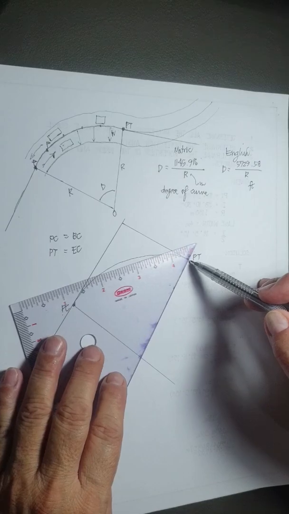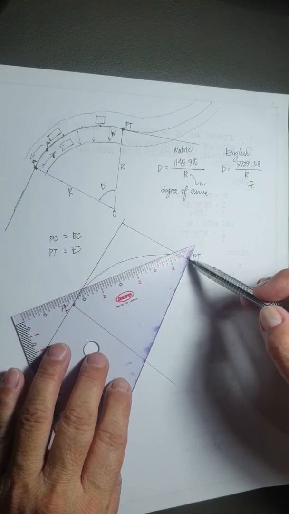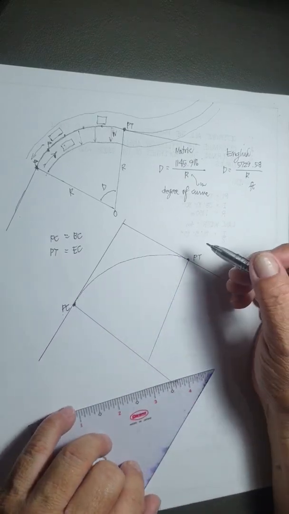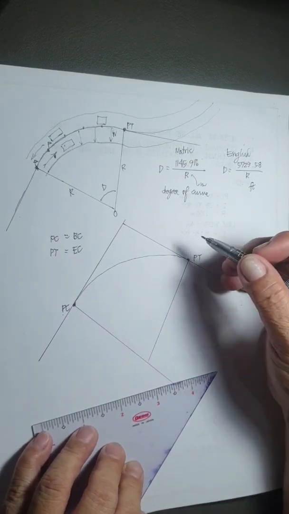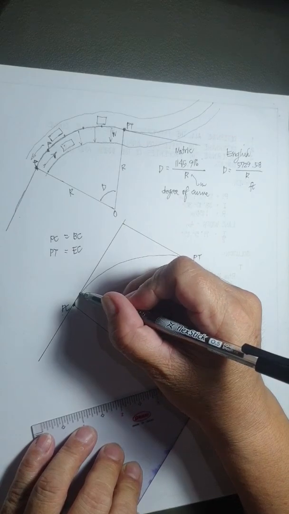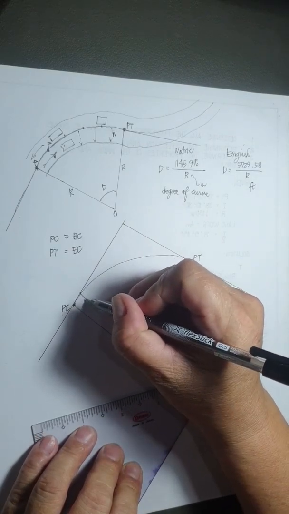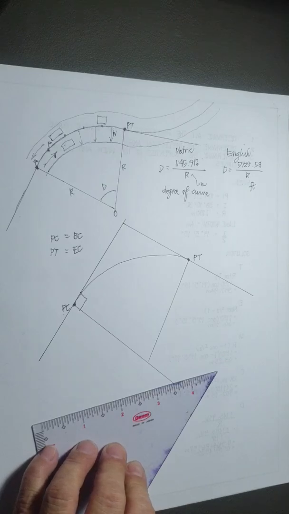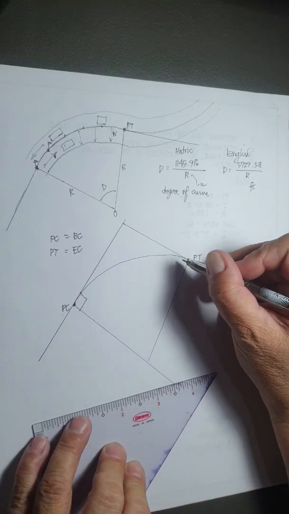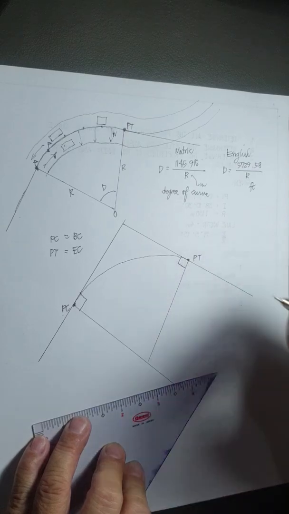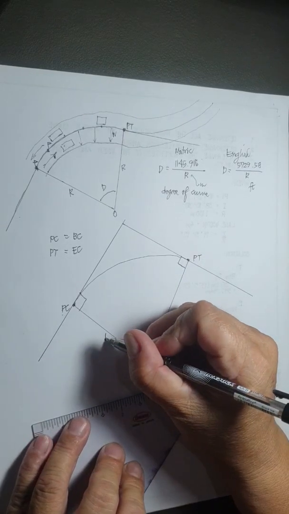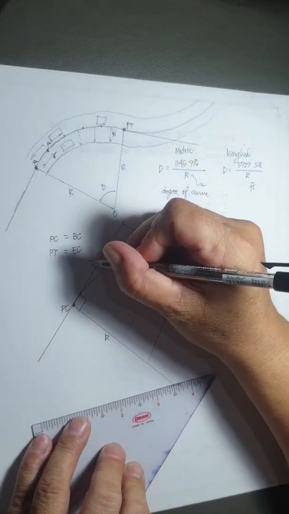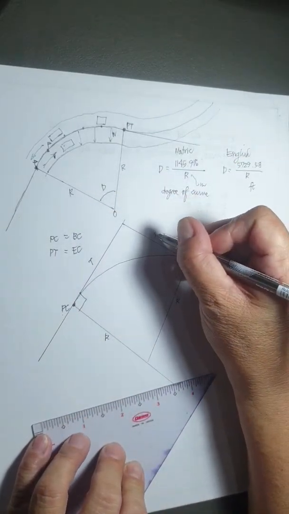Nagkagulo na yata ako. Okay? So, lumalabas, this one should be perpendicular. This one is your R. This is your R. So, that's your point of curvature. This is your T. This is your T.